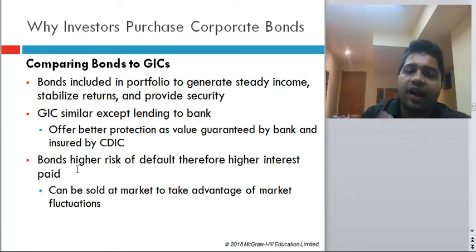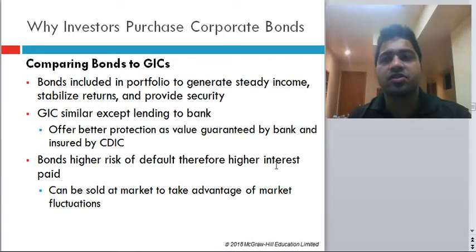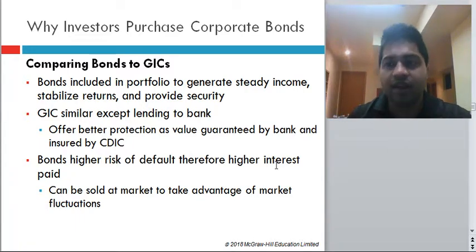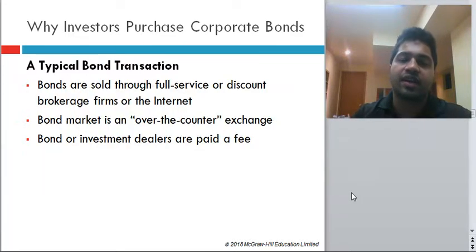Bonds have a higher risk of default, therefore the interest rates are also better than GICs. They are not guaranteed, but the interest rates are better. Also GICs cannot be sold in the market, but bonds can be sold in the market to take advantage of market fluctuations.